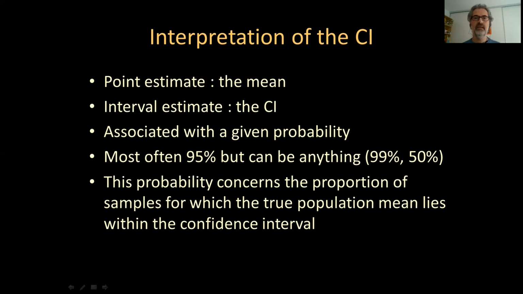It's technically inaccurate because the population mean is a specific value and your confidence interval is a specific interval, and so the mean either is in there or isn't. So it's not really a probabilistic statement. It works the other way around. So the confidence interval will contain the population mean in 95% of samples, is the technically accurate way to state this.